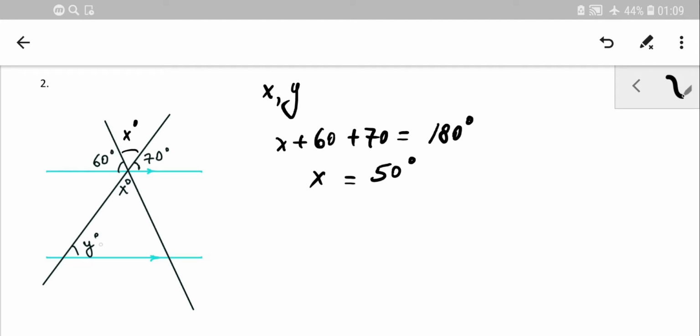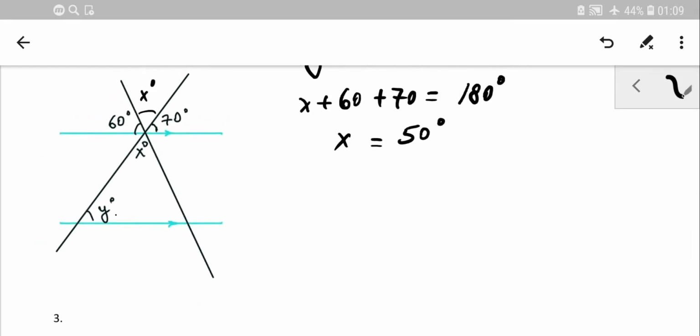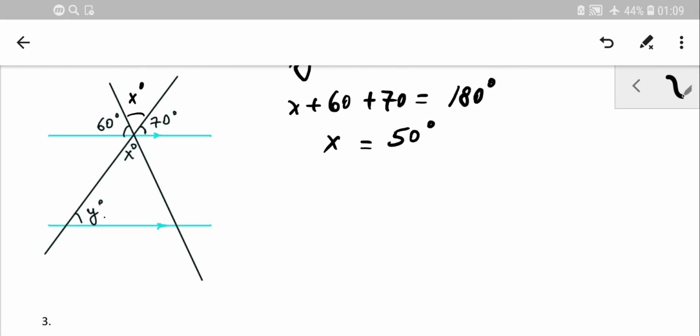Alright, so we know x and we need to find y. We have two parallel lines. Does it make any sense? I guess yeah, because 180 and 70 are sort of corresponding angles, so y is simply 70. Okay, we figured it out.